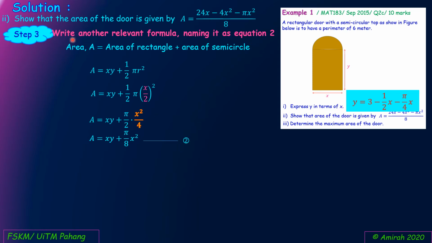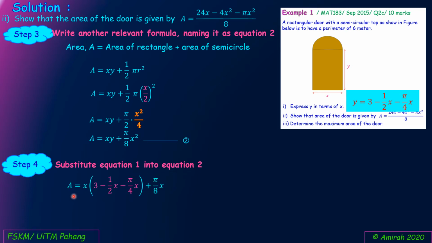After we write another relevant formula, naming it as equation 2, we continue with step 4: substitute equation 1 into equation 2.